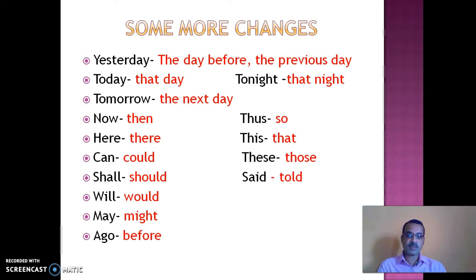Here are some more changes regarding typical words used in direct and indirect speech. Yesterday becomes the day before or the previous day. Today becomes that day, tonight becomes that night, tomorrow becomes the next day, now becomes then, thus becomes so, here becomes there, this becomes that, can becomes could, these becomes those, shall becomes should, said becomes told, will becomes would, may becomes might, ago becomes before.